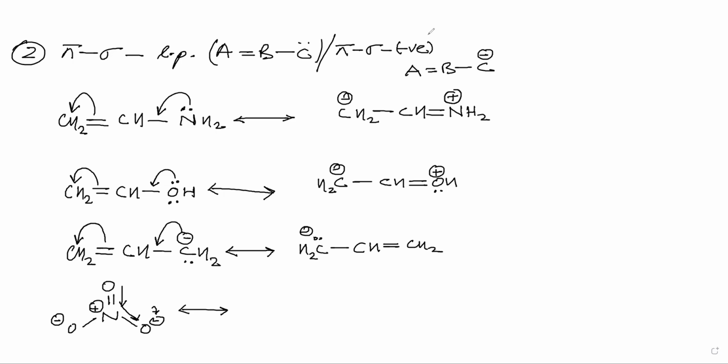Correct? So how can I make a structure like this? We can make a structure like this: single bond O, and this will go here, this will go here, this will be negative charge, this will be negative charge, this is positive, this will be double bond O. And similarly, you can make others also.